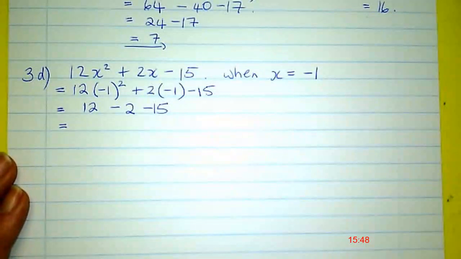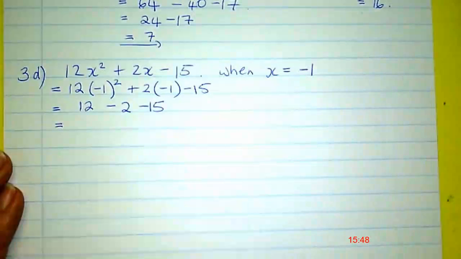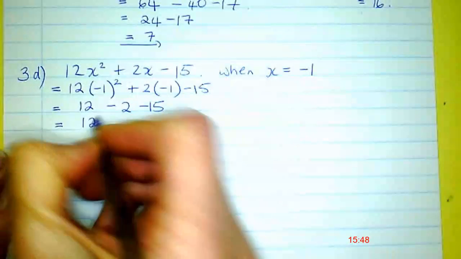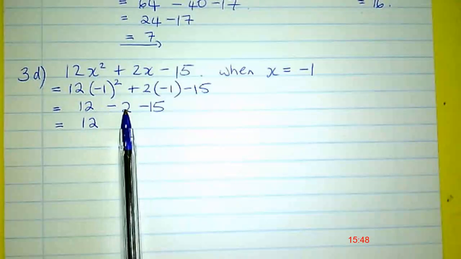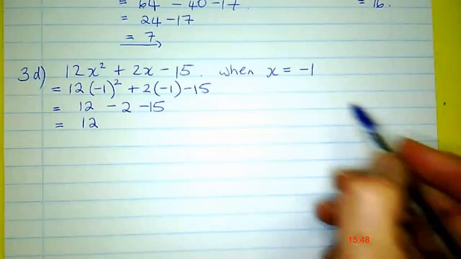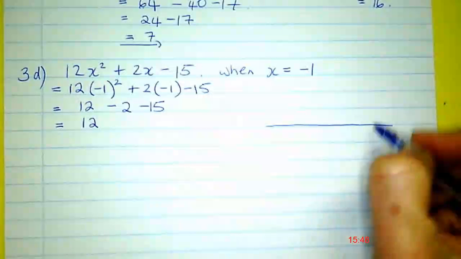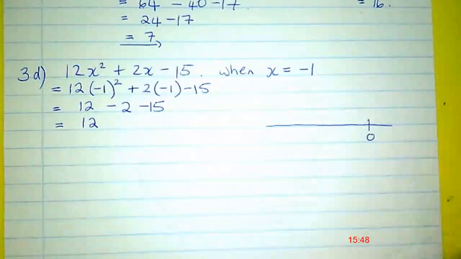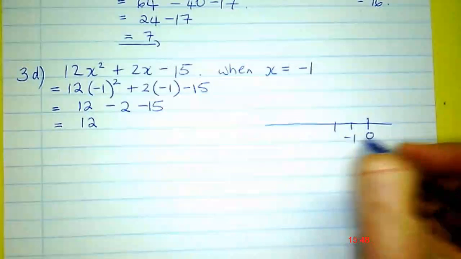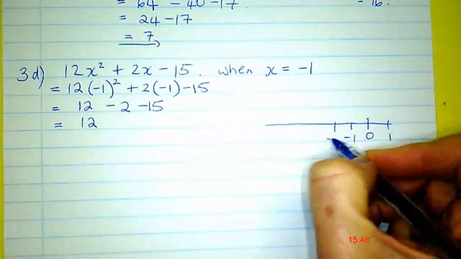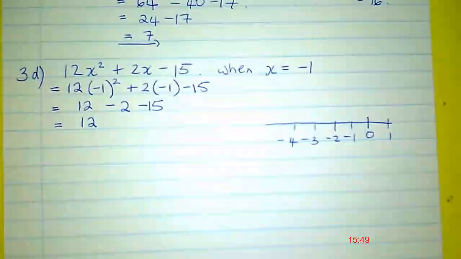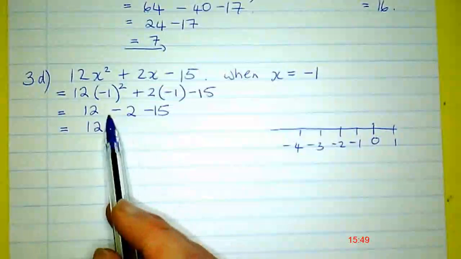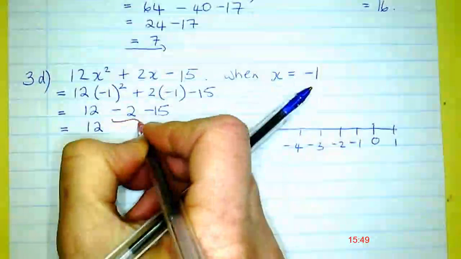Sometimes it's easy to do this sort of stuff in your head if you gather up all the minuses. So I've got positive 12, that's the positive part. And now I've got minus 2, subtract another 15. So if you're working in your head with a number line, here is my 1, here's my 0, my minus 2, minus 3, minus 4, etc. I'm wanting to work out what these two terms come to.